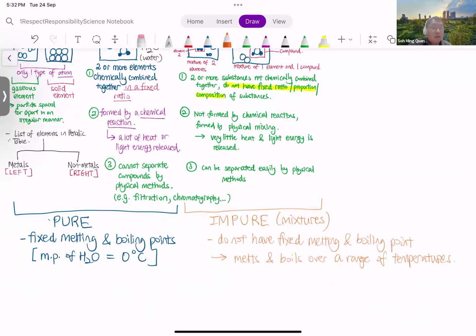So for instance, if you have a mixture of salt and water, it could very well boil from 98 degrees to like 104 degrees. So the idea is if there are some impurities in that mixture, then that mixture is going to melt and boil over a range of temperatures. So for instance, if they tell you the boiling point is 98 to 104 degrees, if it's a range like that, you know that it's impure. It's a mixture.